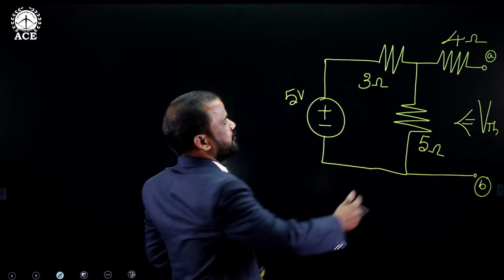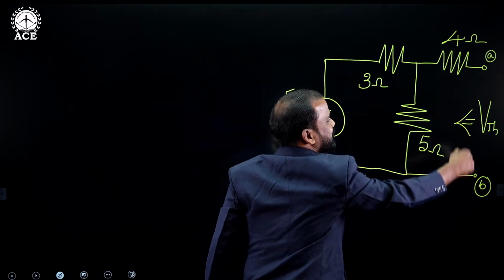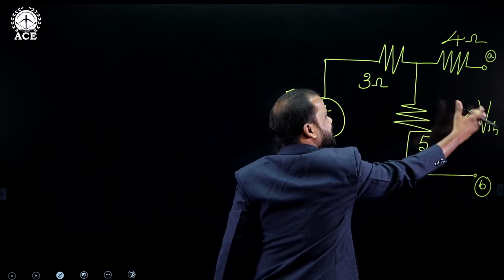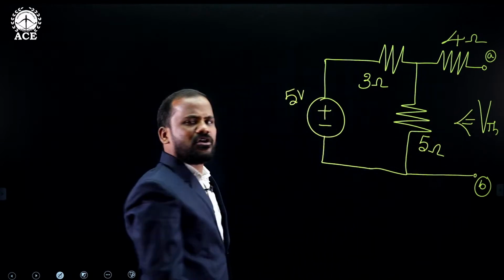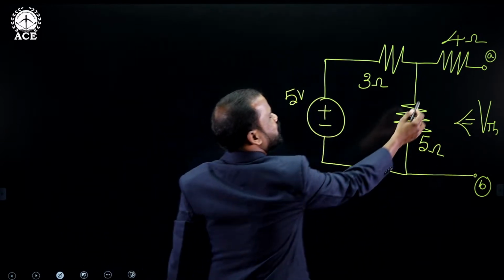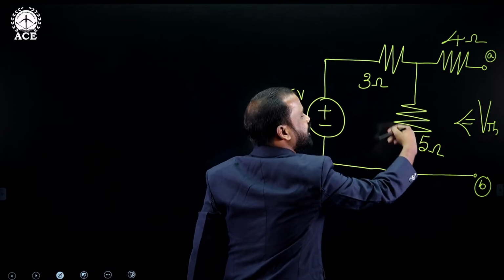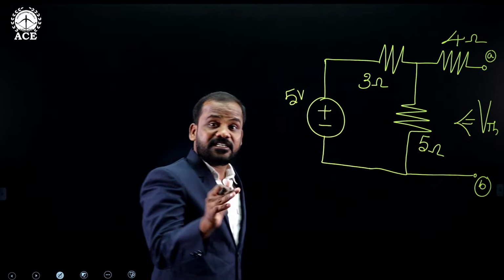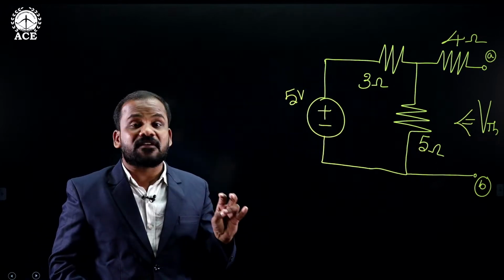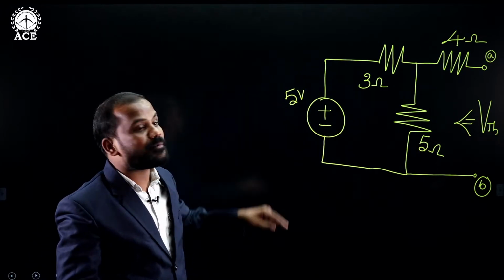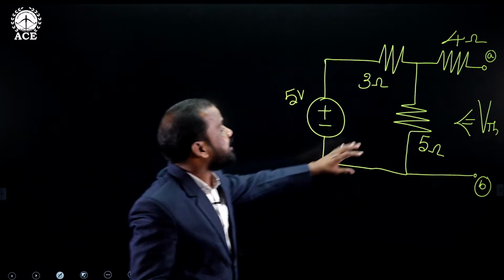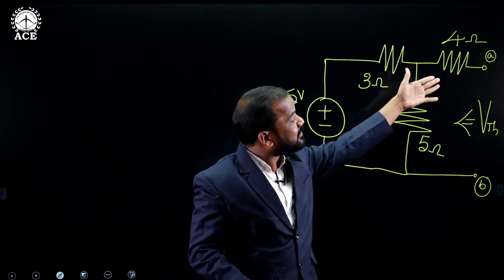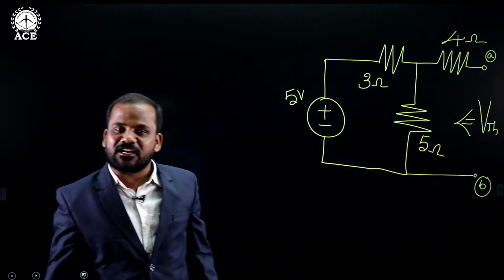Because if I connect a voltmeter across terminals A and B, whatever voltage is there, the same voltage is available in this parallel branch also. So finding the Thevenin's voltage across the open terminals means finding the voltage drop across the resistor which is exactly connected across terminals A and B.